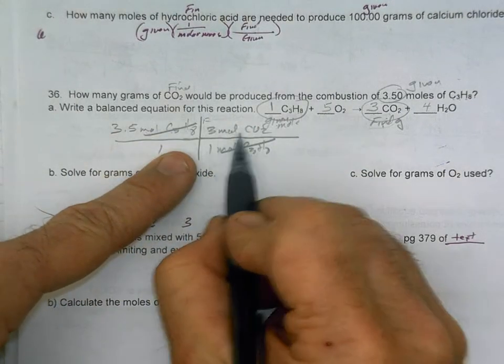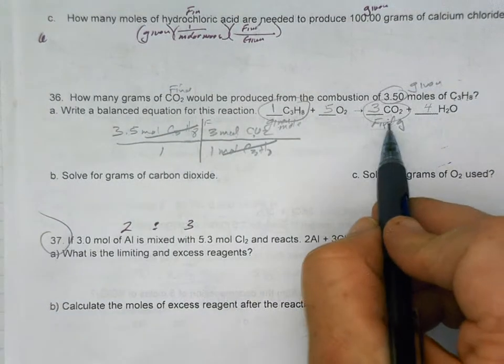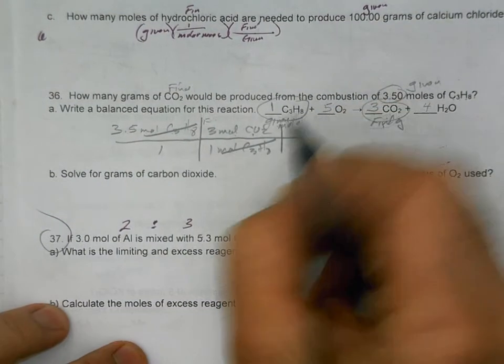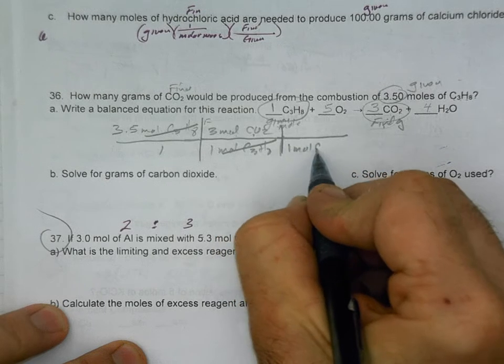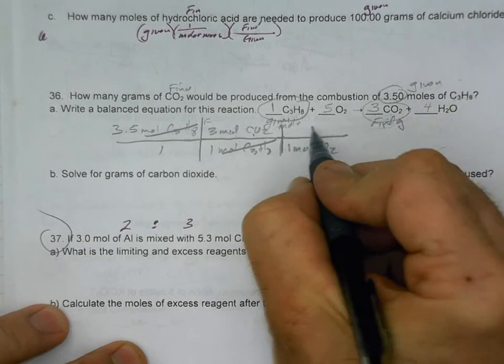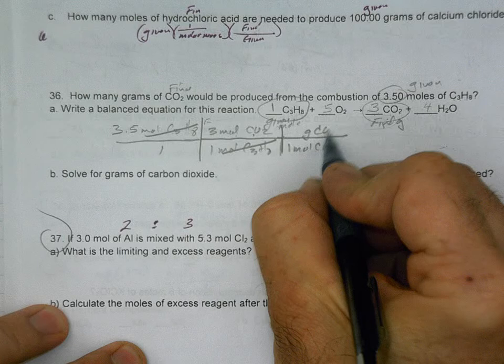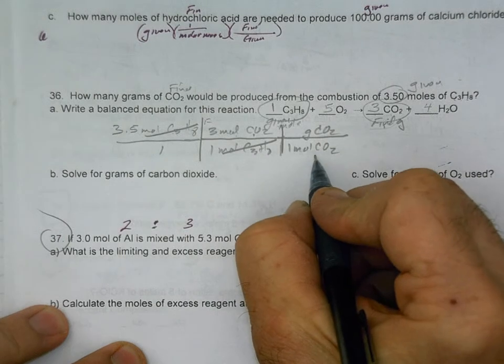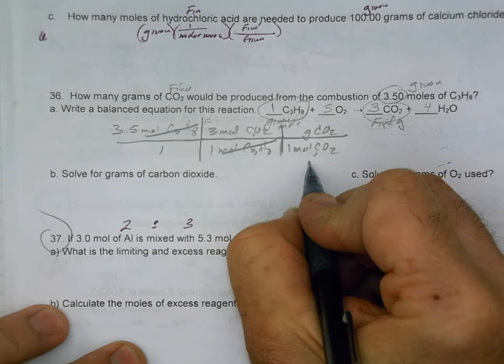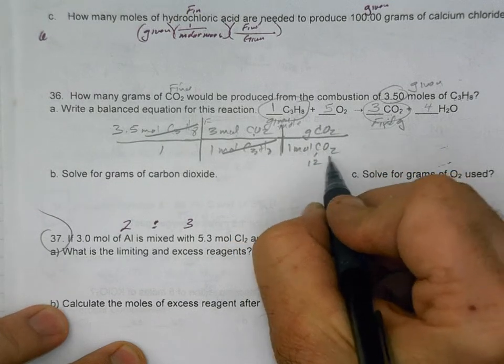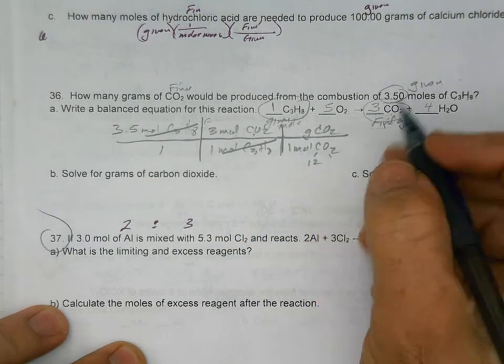Now at this point, we've got moles of CO2. We need grams of CO2. And let's see, 1 mole of CO2 is how heavy? All right, group 7, how heavy is carbon? 12. And then oxygen is 16. We've got 2 of them. What's 2 times 16? 32.